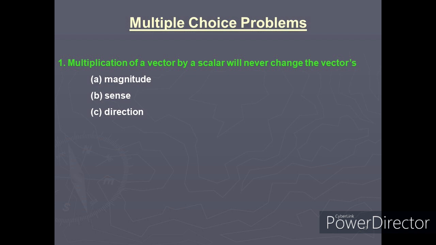What about this one? This is vector A being multiplied by a negative scalar, minus 1, to have minus A. So if this is A, then this is minus A. This is the sense for A. For minus A, this is the sense. Did we change the sense or no? Has it changed?